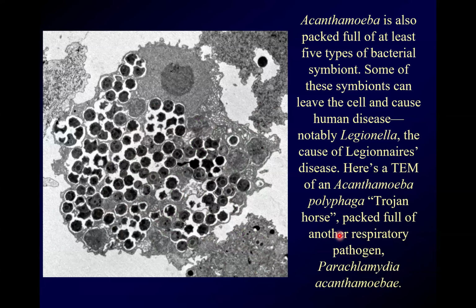Acanthamoeba is also packed full of bacterial symbionts, and we don't entirely know what these are doing, but some of these symbionts can leave the cell and can cause human disease. The bacterium Legionella causes Legionnaire's disease. That's a very severe lung infection. It's called that because it struck at a meeting in a hotel in Philadelphia of members of a veterans group called the American Legion.